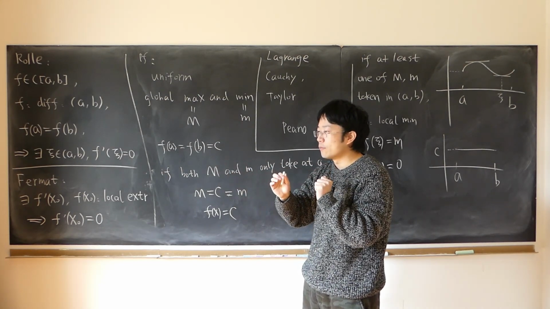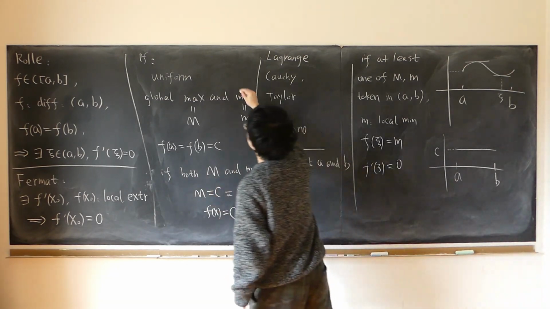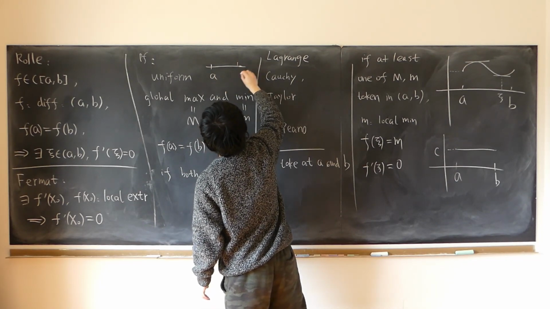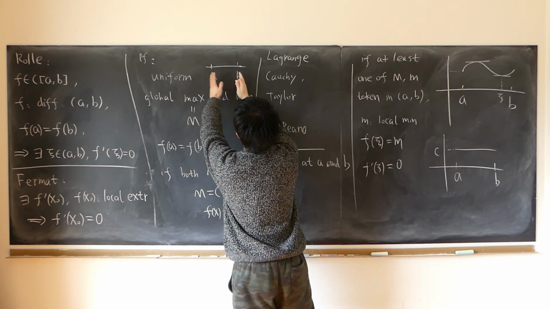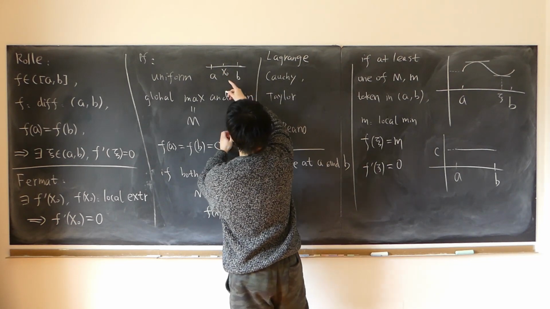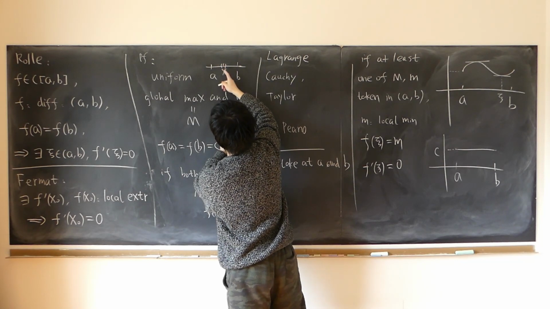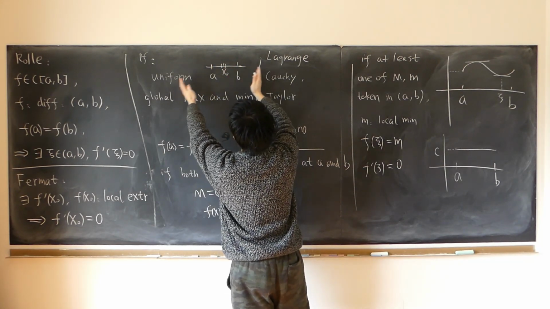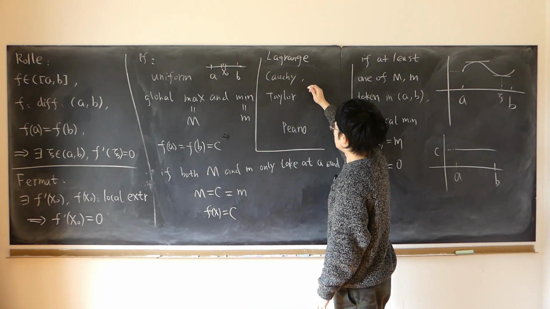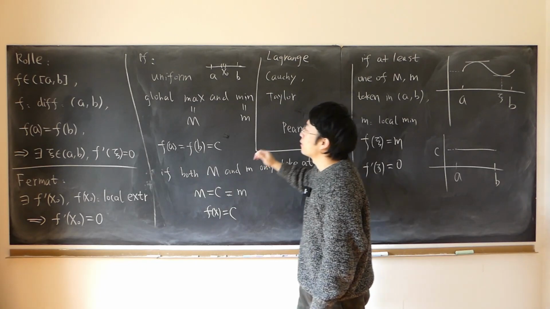But we don't know the detailed properties over a longer interval AB. We want to know its global property over the entire AB interval, instead of just the properties nearby x0 in a very small open interval. That's when we introduce the Cauchy remainder and Lagrange remainder in Taylor expansion. I will prove it in a future video using Rolle's theorem.